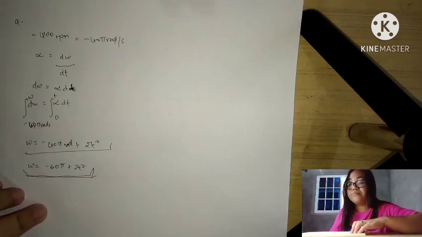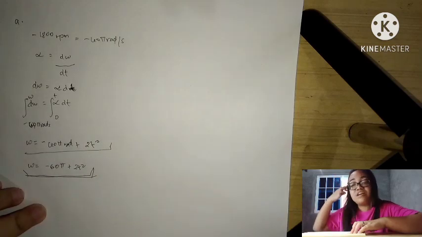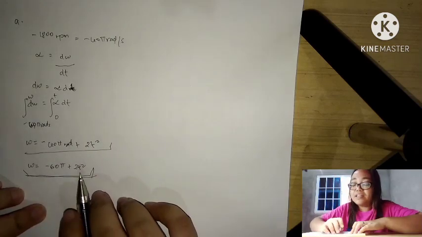Ngayon, isa-substitute natin yung angular speed na 900 rpm, kasi yun yung hinahanap sa letter A. Di pa natin tapos yung A, basta ito yung nakuha pa lang natin sa omega.